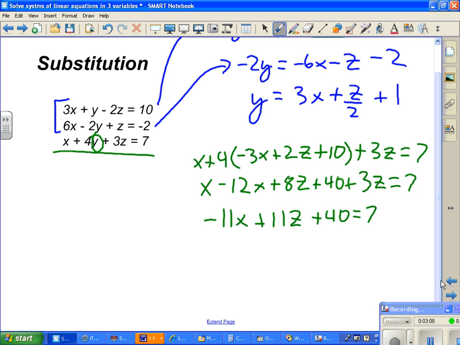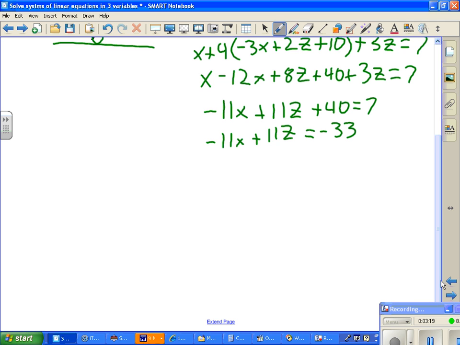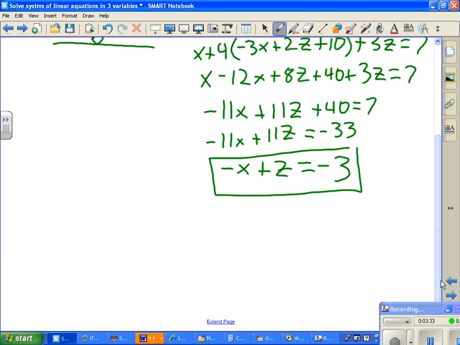Now if I subtract my 40, I get negative 11x plus 11z equals negative 33. Now I could divide everything by 11, and that'll simplify things. That leaves me with negative x plus z equals negative 3. Now hang on to that because you're going to need it in a second.